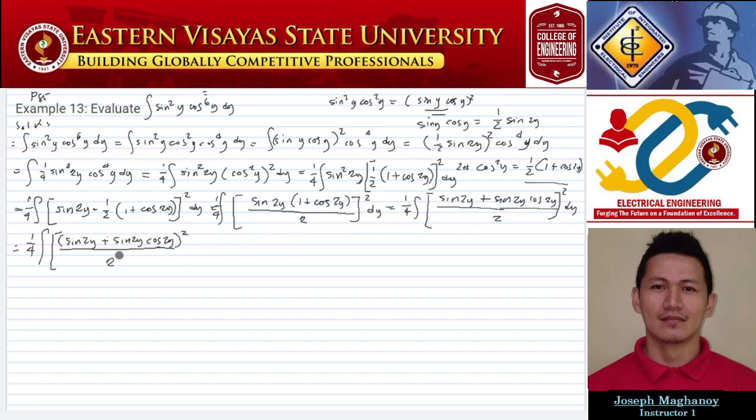It will become 2 squared. Let's close the bracket, dy. Then we apply our power here. This will become 4. And we need to expand this quantity.